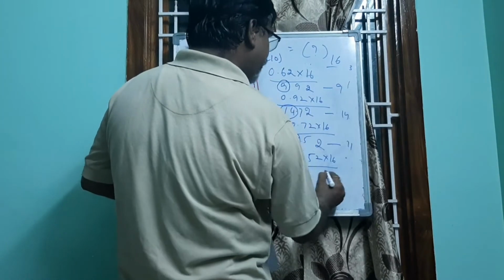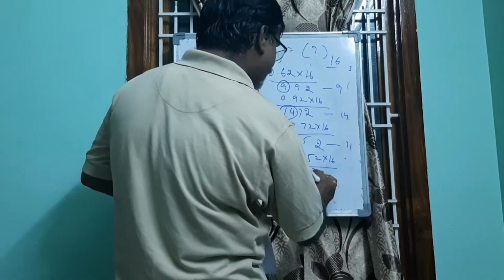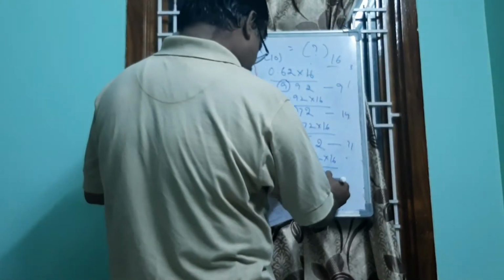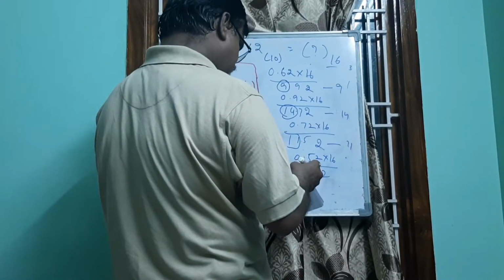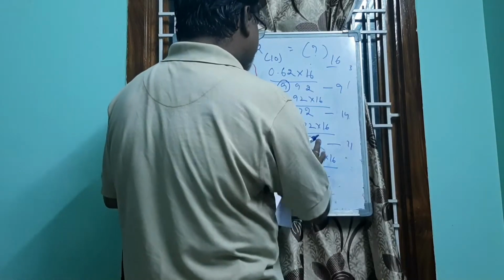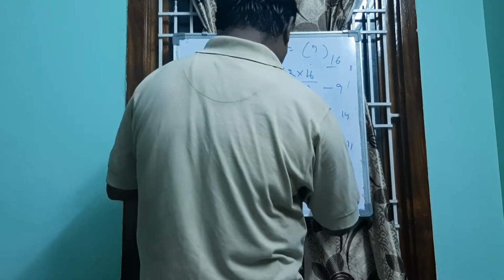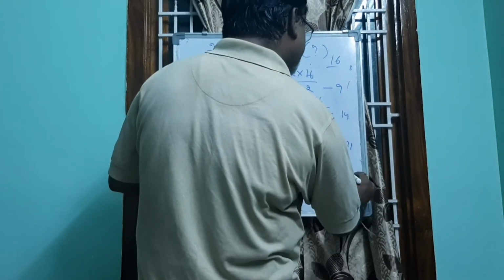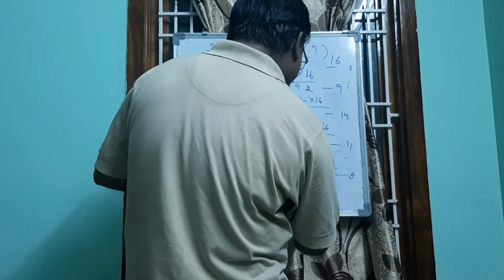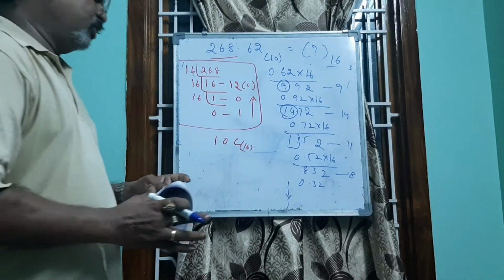So again 32, 16 5s 80, 83 there. Okay. Then you get 8 here, then 0.32, and this process will continue on and on.